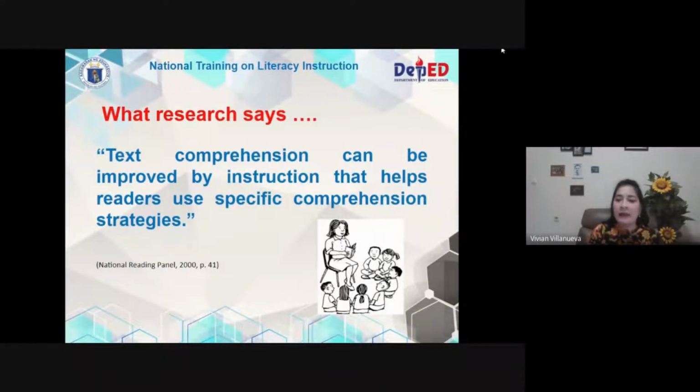Now, again, we cannot give what we do not have. We cannot give what we do not have. Let's say you know your strengths as a teacher, you use that. Let's say you're very confident in using story map, then use that. Or you're very confident in using graphic organizer, then use that for your kids.